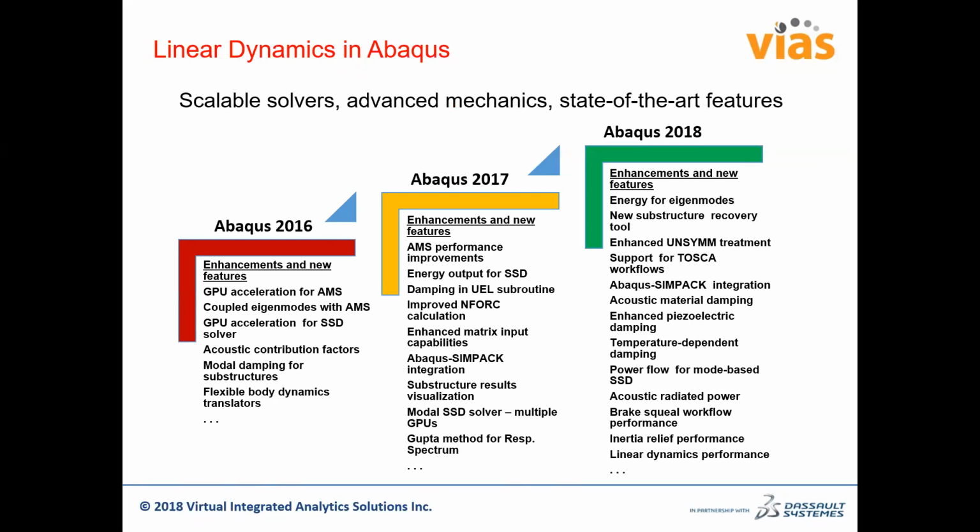If you are interested, please go through them. A few of them to read out: Abaqus SimPack integration is included, and acoustic metal damping is included, which is very useful for people who are doing acoustic analysis. We have also seen that inertia relief performance was highly in demand in the past, and that's also included now in Abaqus 2018.